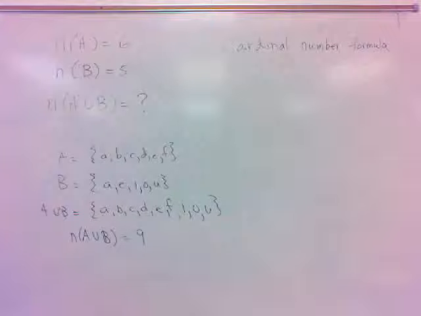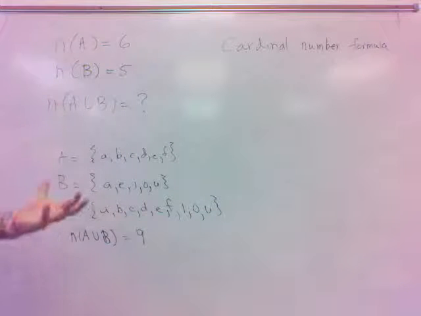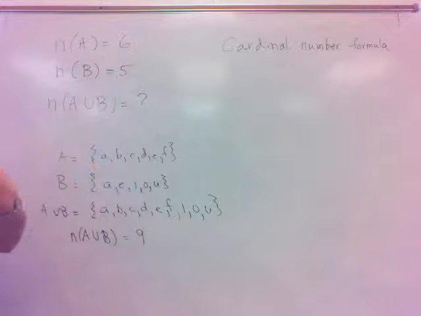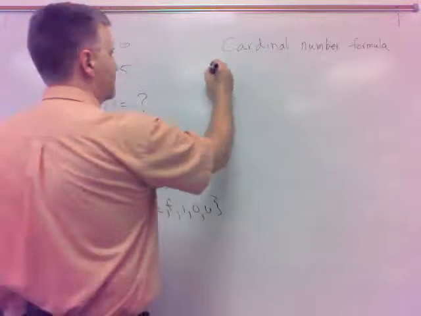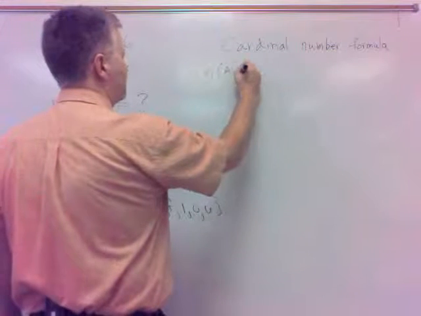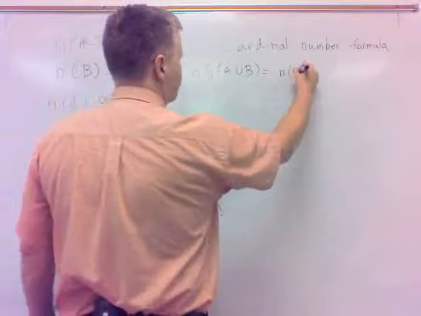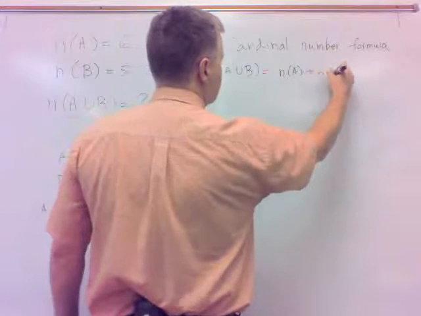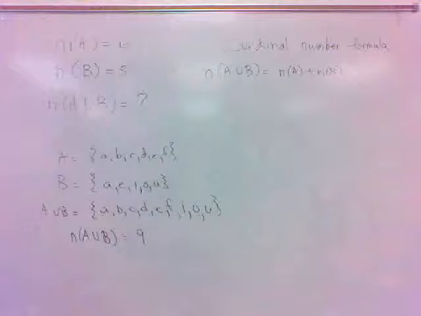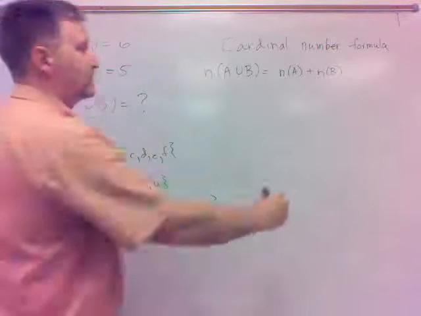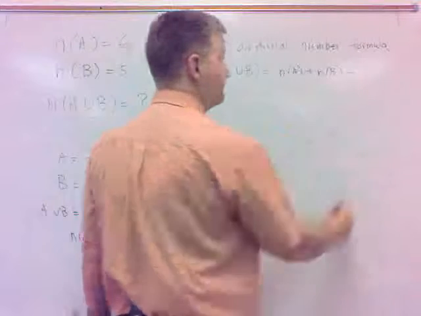You remember, the cardinal number just refers to the number of elements a set has. And what the cardinal number formula does is it relates several different cardinal numbers all together. So what we saw was the number in A union B, yes, we do want to add the number in A and the number in B. However, that's not the whole story because of the overlap.